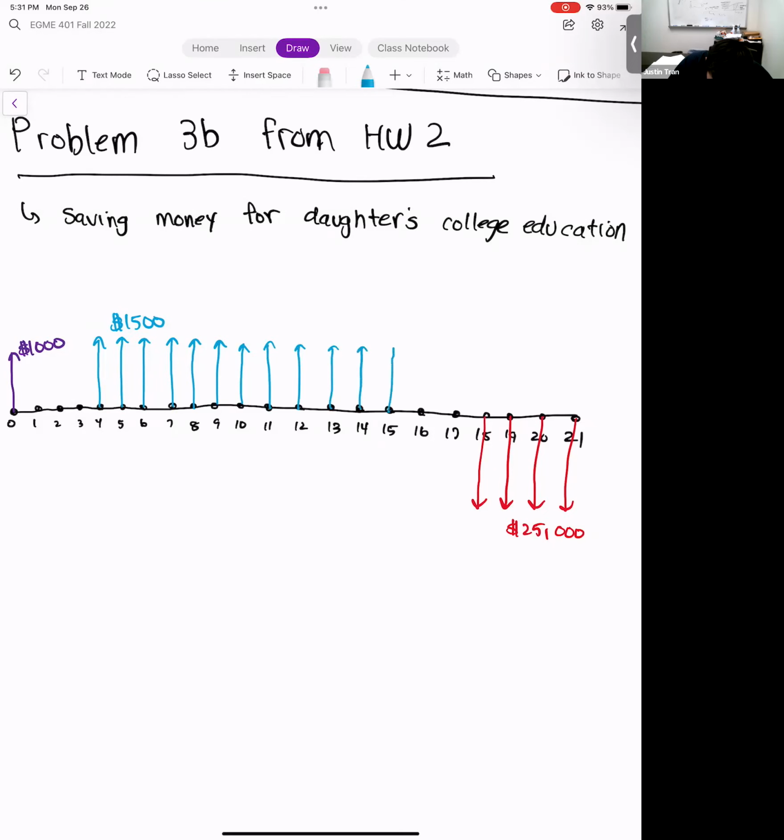This is going to continue until year 17, right? Even though we're increasing our amounts, our flat amount is still going to be there. And so we have this $1,500 each year from years 4 until 17, and then on top of that, we're going to be increasing that amount starting in year 9.